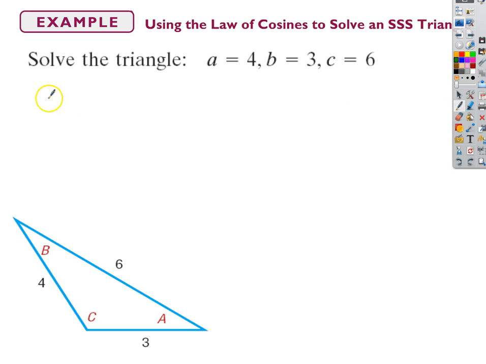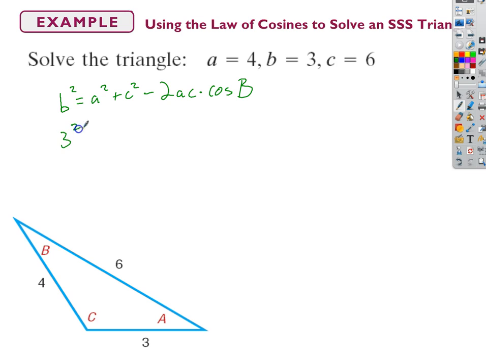Okay. And I come over here and I say, well, we're going to use the one that involves B. That's B squared is equal to A squared plus C squared minus 2AC times cosine of B. I plug in what I got.